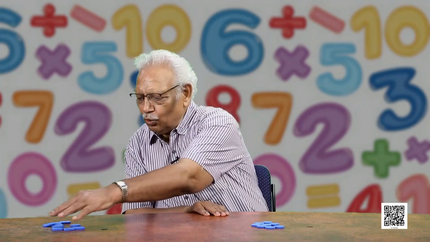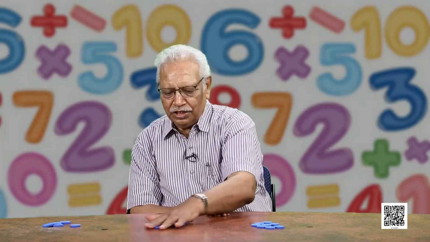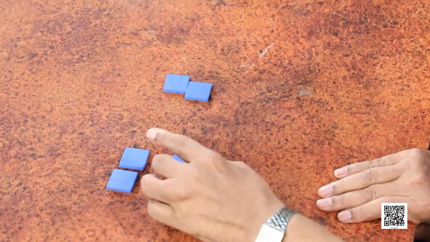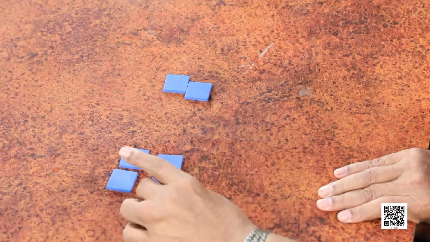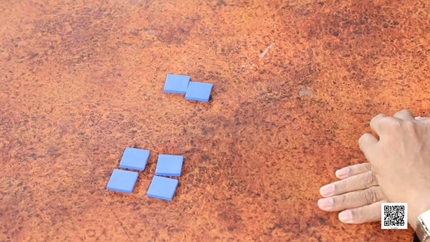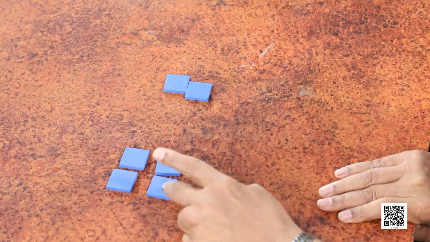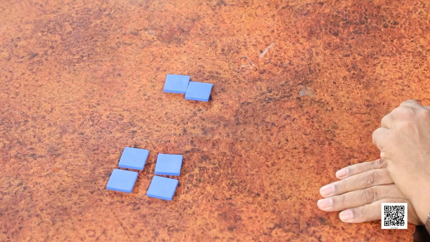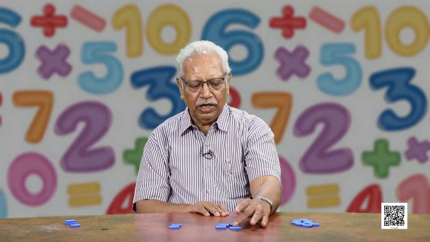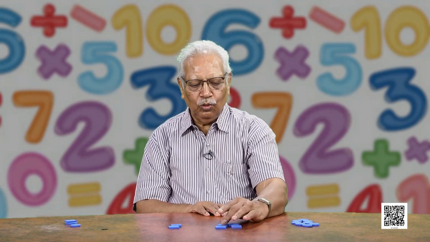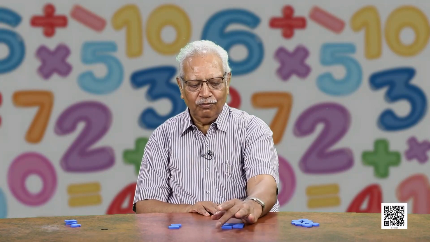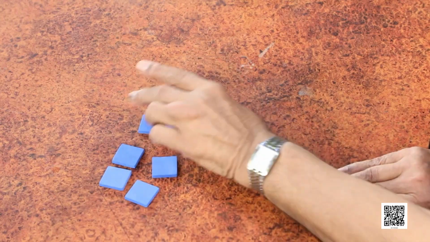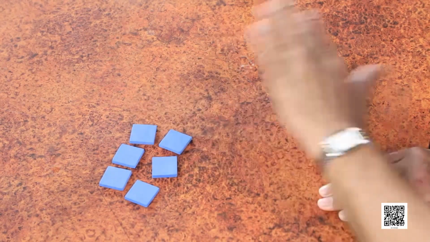Let us take more shapes, more things to add numbers. Just see how many these are? 4. 1, 2, 3, 4. Right? And we add 2 to them, then how many do they become?